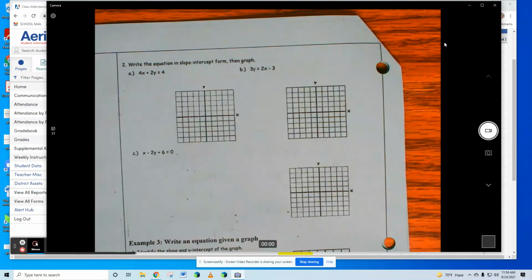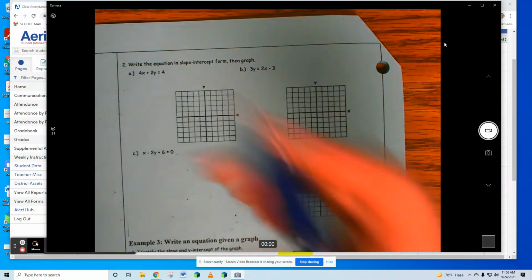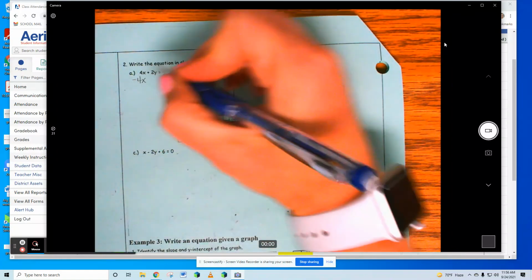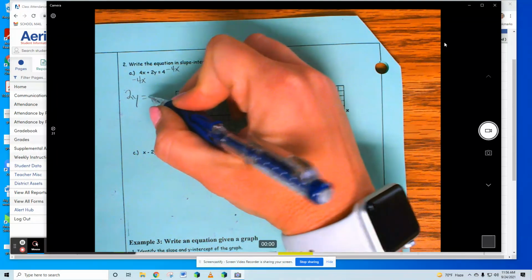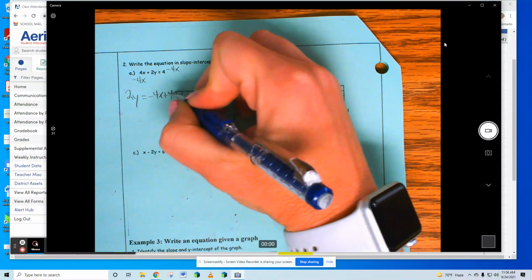So let's get it into y equals mx plus b. Minus 4x both sides. 2y equals -4x plus 4.